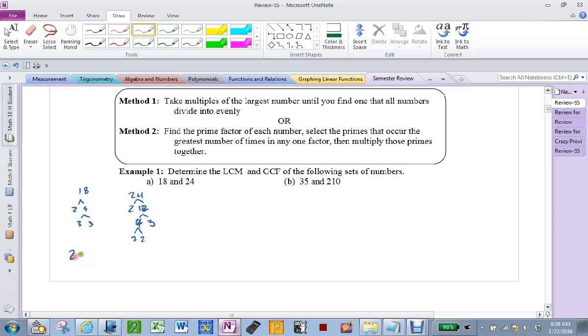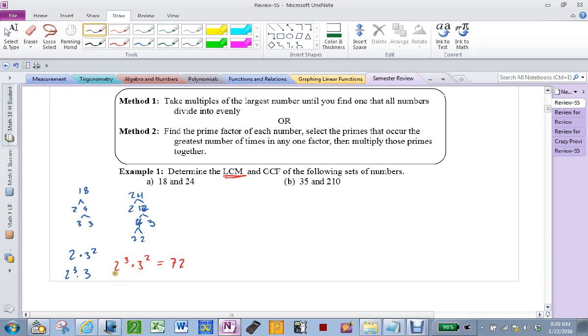You have 2 times 3 squared, and you have 2 cubed times 3. LCM in red. Count everything once. 2 cubed covers all the 2's. 3 squared covers all the 3's. 72.